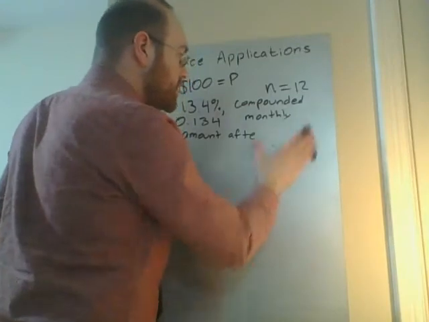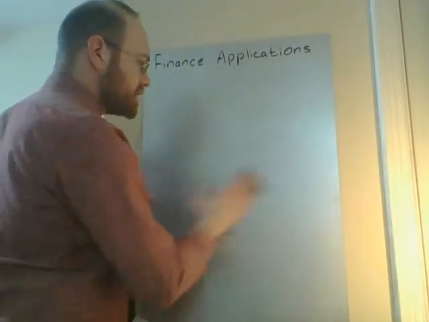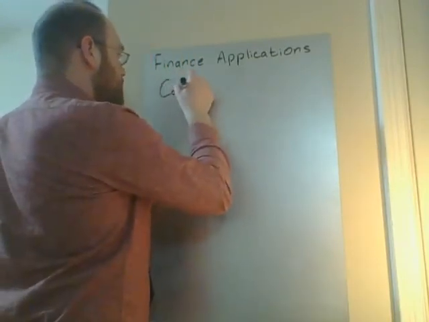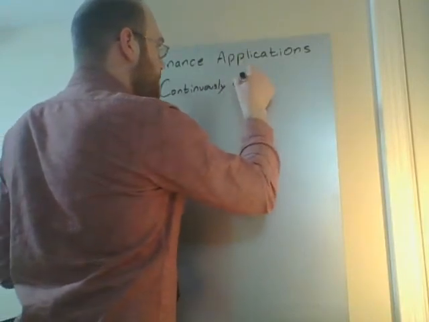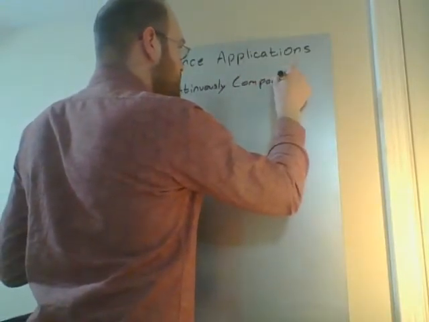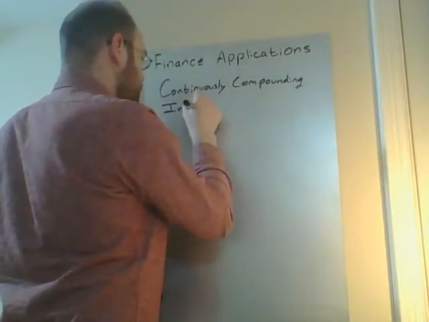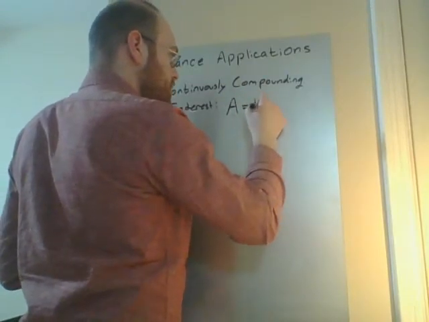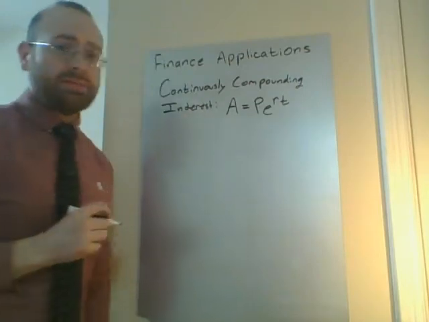And we have a similar but different equation for compounding continuously. So continuously compounding interest is given by the formula A equals the principal times e to the power of R times T.